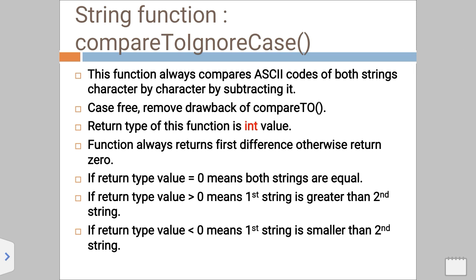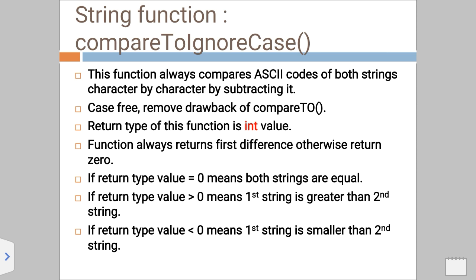See the next one: compareToIgnoreCase. I've told you earlier, compareTo has one drawback, that is we have to provide the same cases. Then this function provides you a correct value, otherwise not. To avoid, to reduce, to remove this, we have compareToIgnoreCase. In compareToIgnoreCase, what are we going to do?